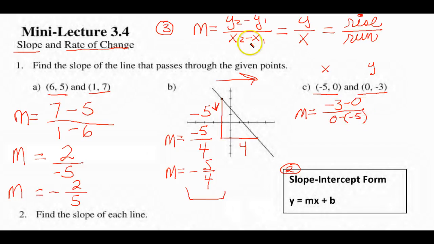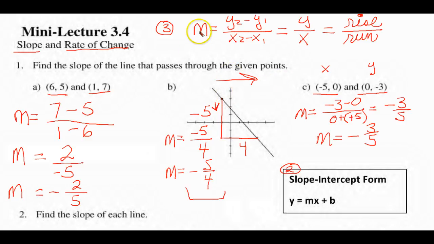This negative comes from the formula, so the opposite of a -5 will make this a positive. So when we write that out, this is going to be a -3 over 5. So our slope then, and we usually put the negative by the division bar, is negative 3/5.